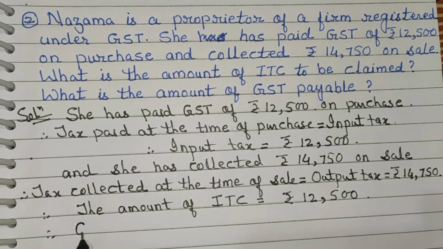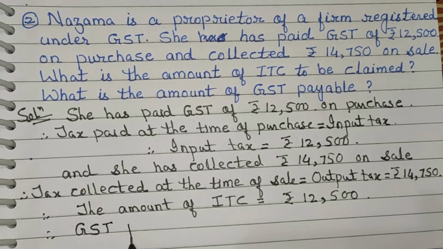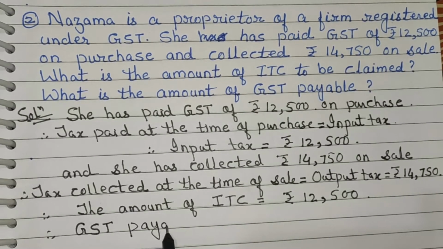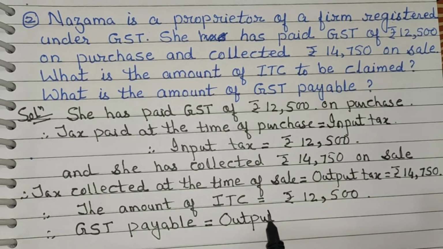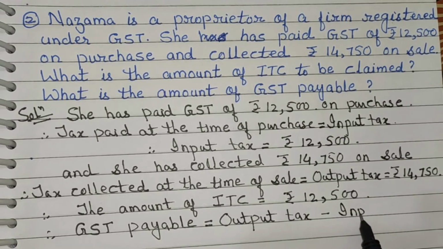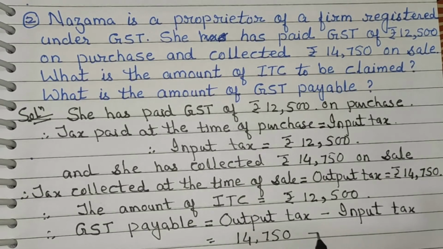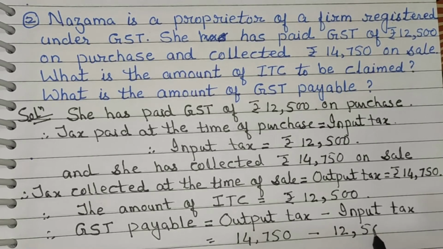Now, what is the amount of GST payable? Therefore, next one is GST payable is equal to output tax minus input tax. Now, the value of output tax is 14,750 minus, and the input tax is 12,500.